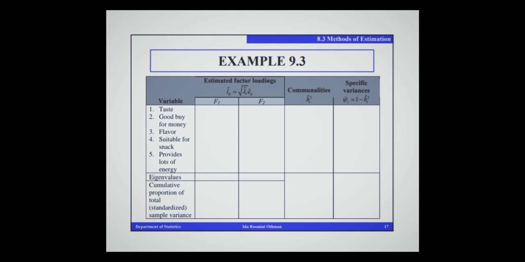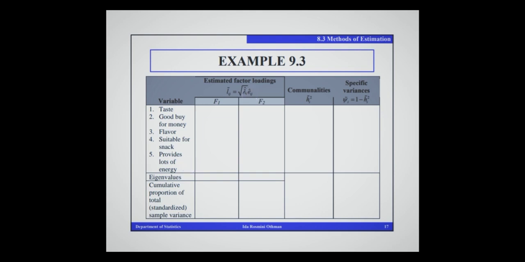Maksudnya dua faktor yang kita guna tadi boleh represent the whole data. So kena completekan this table, which is F1, F2. Sebab tadi kita dah decide kita nak gunakan m equal to 2. So akan ada factor loading pertama dan factor loading yang kedua untuk setiap variable. Ada 5.